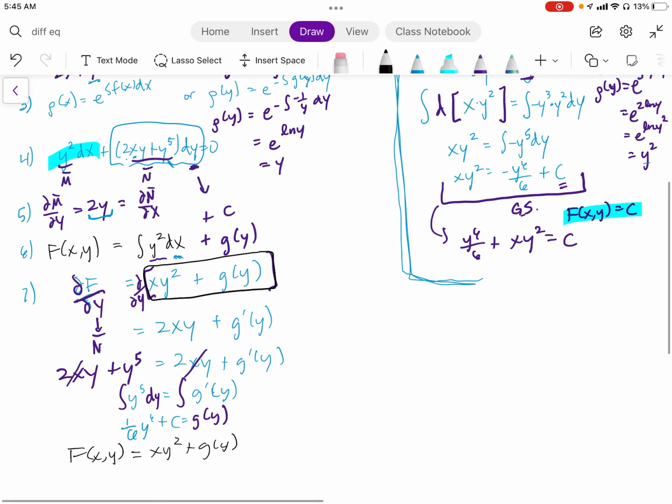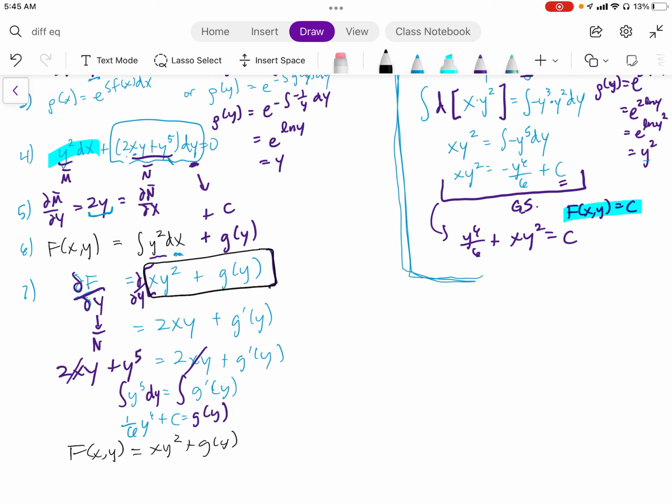But we know g of y now, and we're also going to use that fact which is said over there, that f of xy can always be written as a constant. Our general solution can always be written in that form. So, final step, xy squared plus 1/6 y to the 6 equals c.